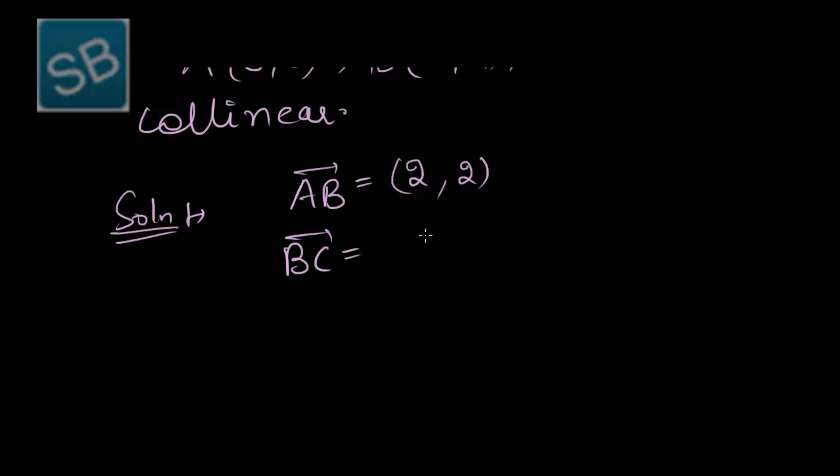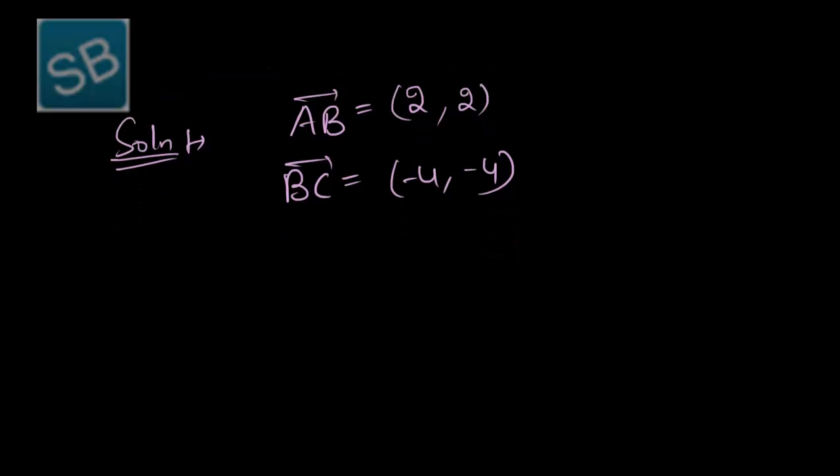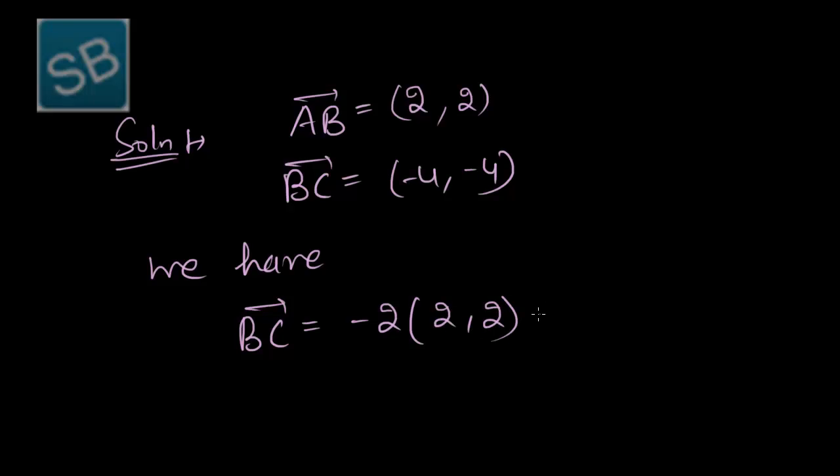Minus 2 minus 2 is minus 4 and 0 minus 4 is minus 4, and we can see that BC can be written as minus 2 times (2, 2), that is minus 2 times AB vector.